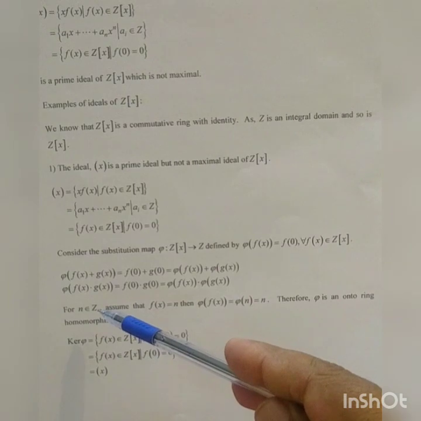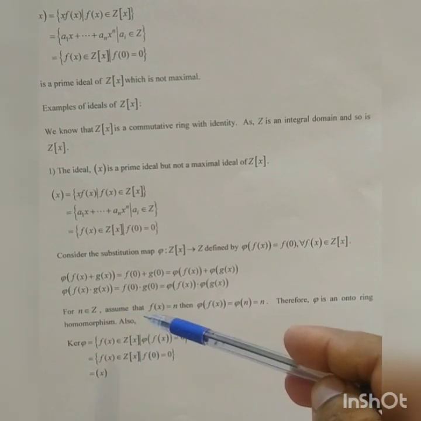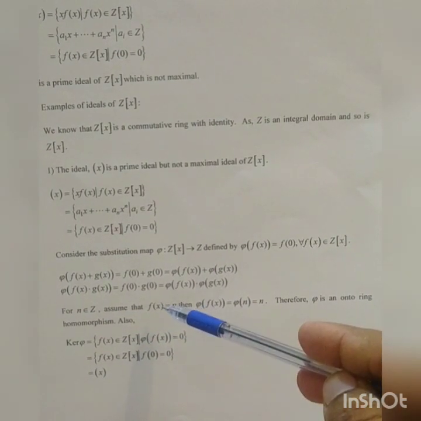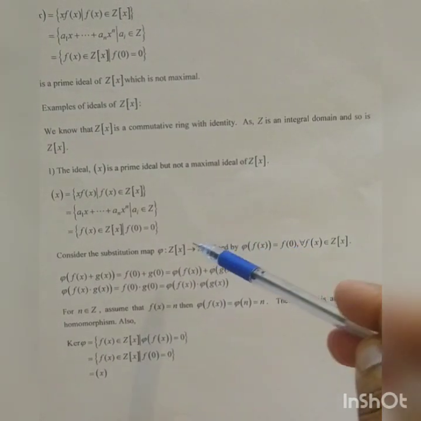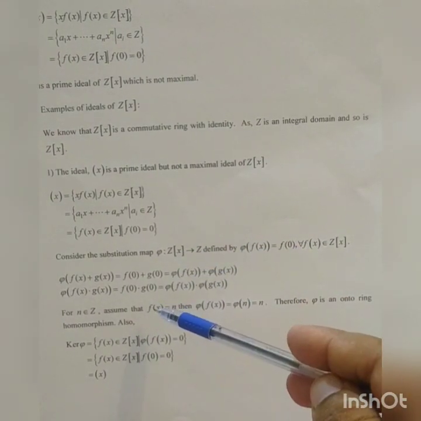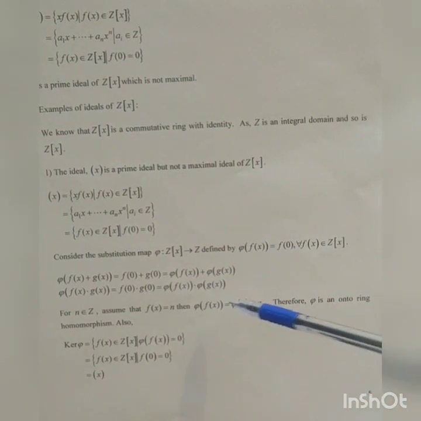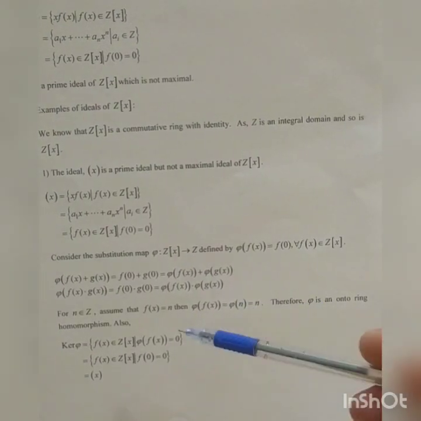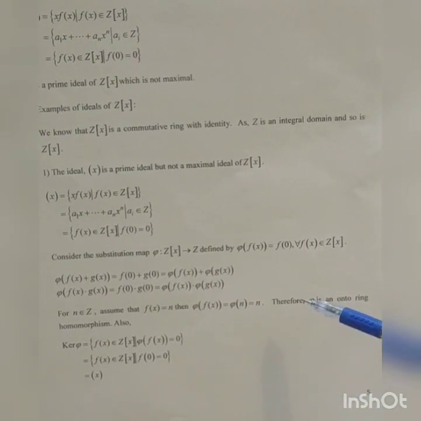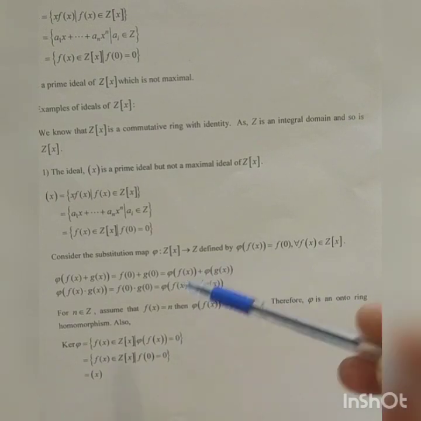Therefore, if n is any integer, it is a constant polynomial f(X) in Z[X], and phi(f(X)) equals n. Hence, this mapping is an onto ring homomorphism.